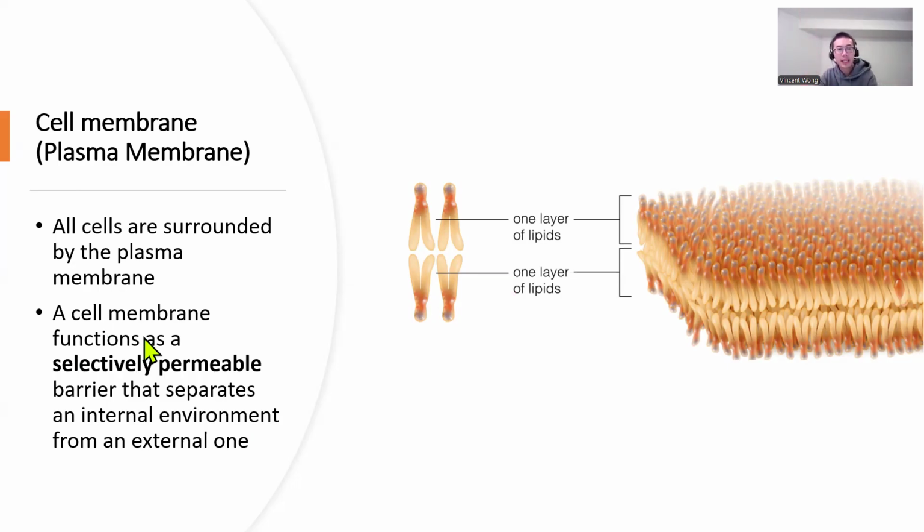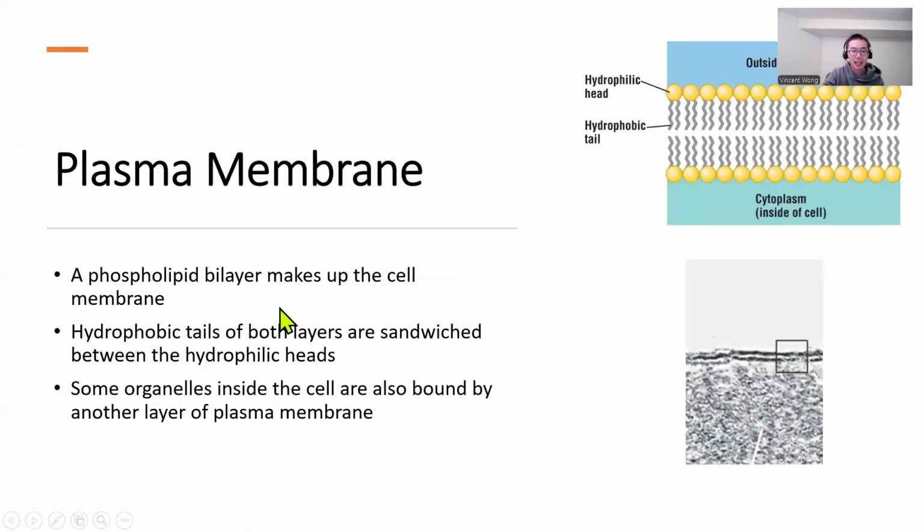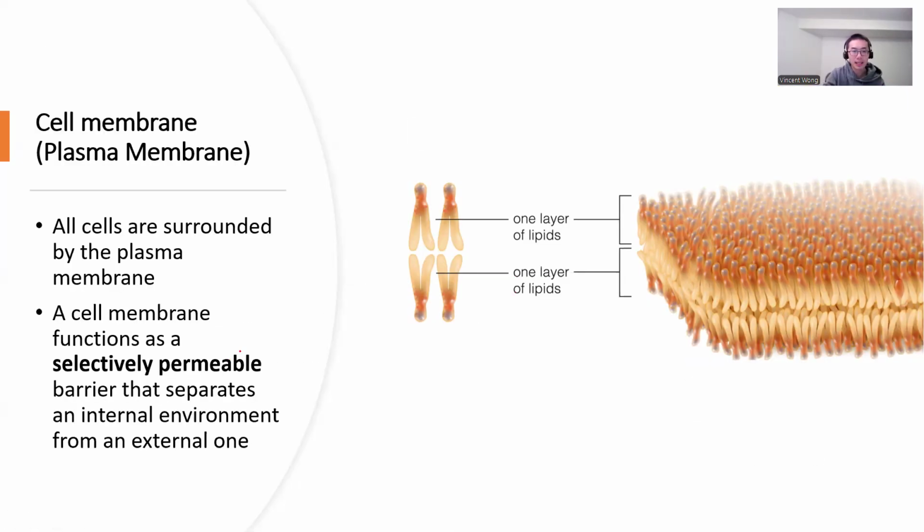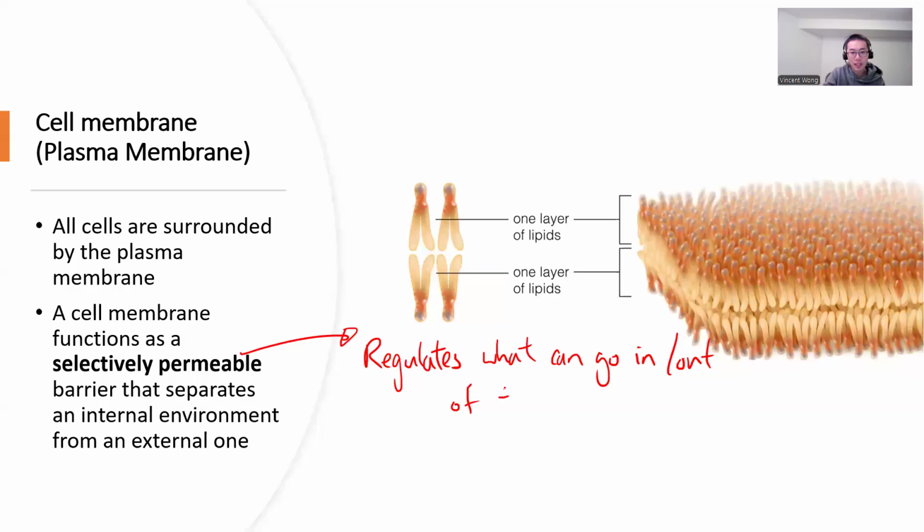The cell membrane functions as a selectively permeable barrier. What that means is it regulates what can go in or out of the cell.